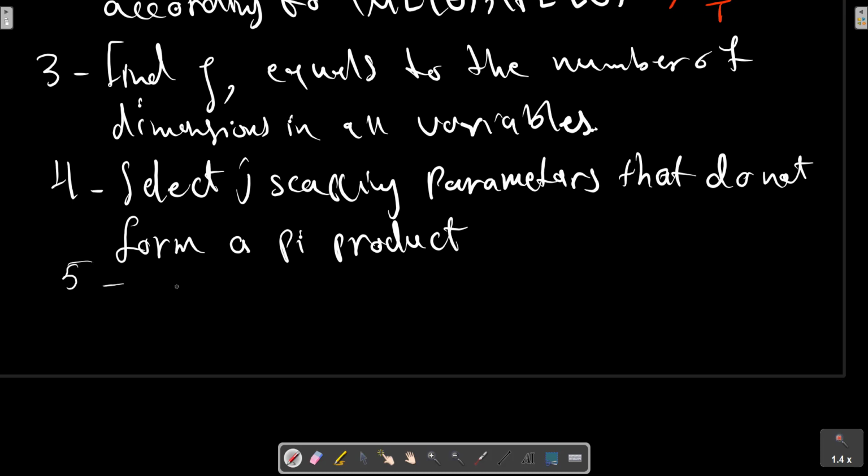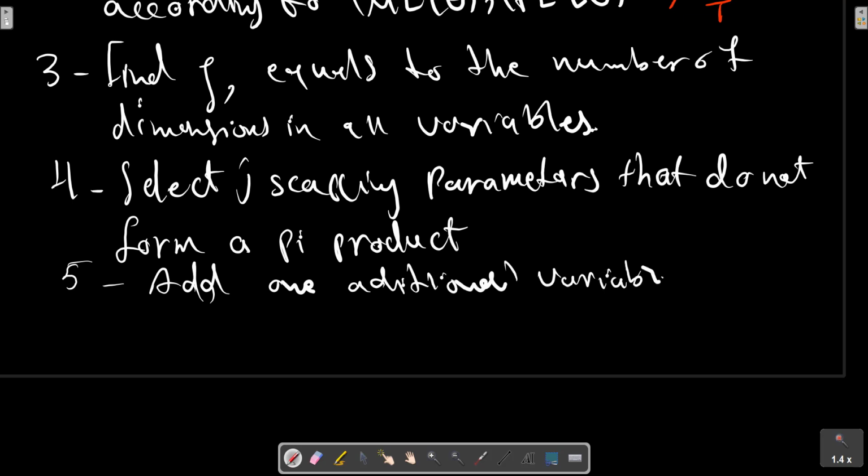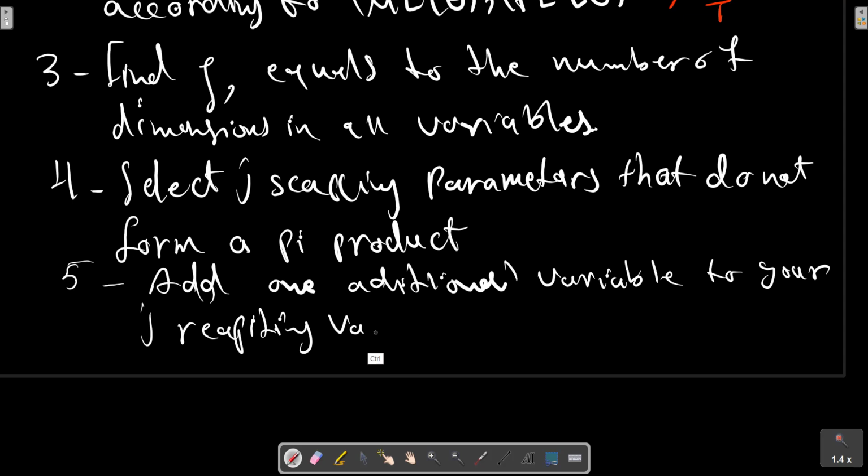Step 5: Add one additional variable to your j repeating variables and form a power product.